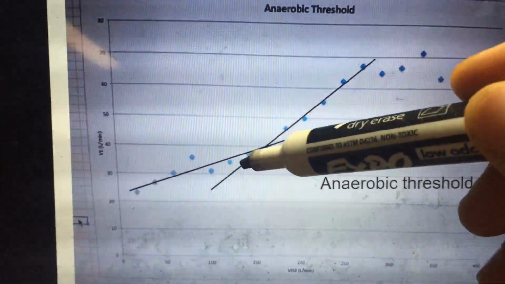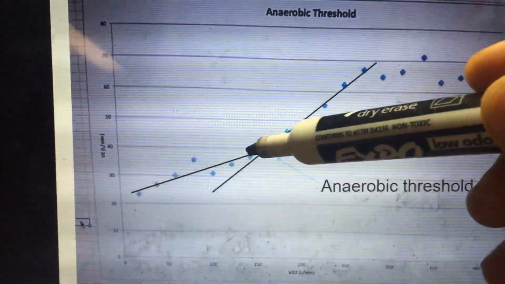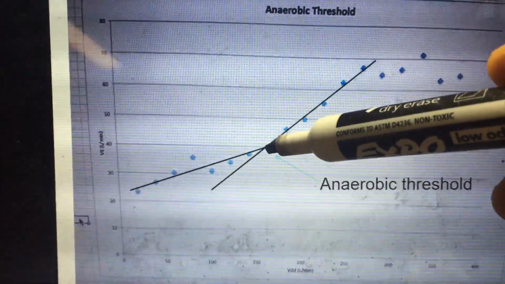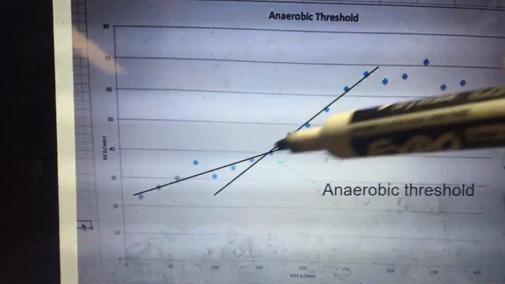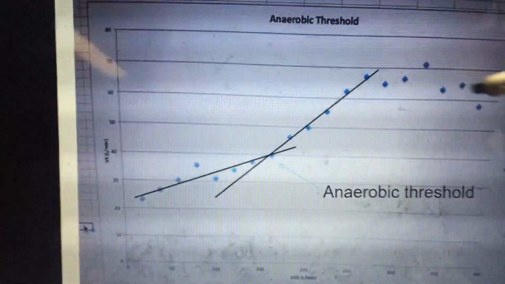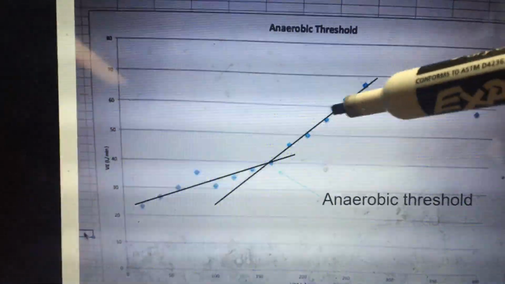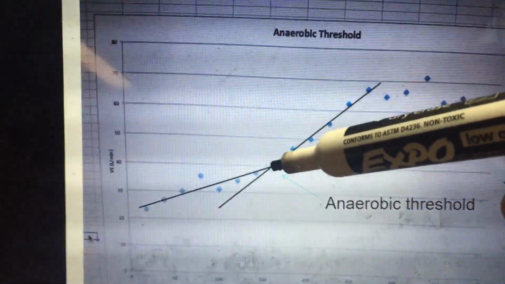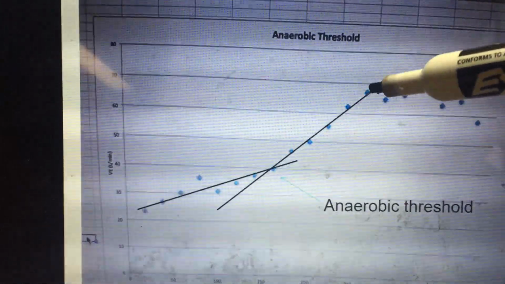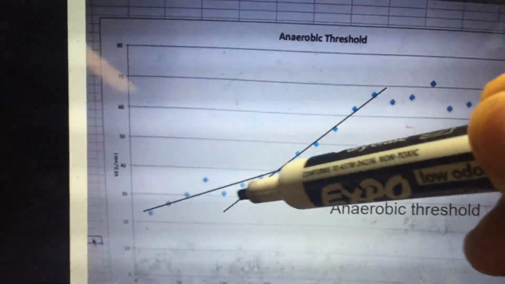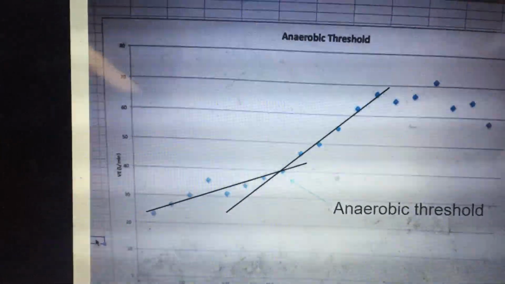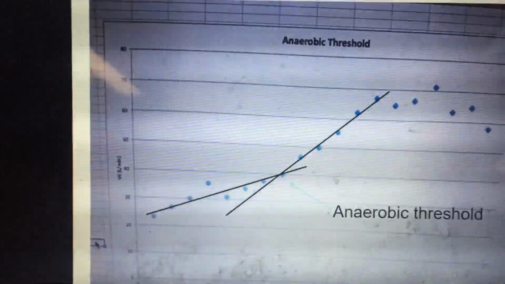And you can see the ventilation starts off with a linear increase, and then it takes off, so it's non-linear. And then these are kind of garbage data points at the end of the test, so don't really look at these ones. So this is your typical test of progressive intensity and how your ventilation would change during that test of progressive intensity.